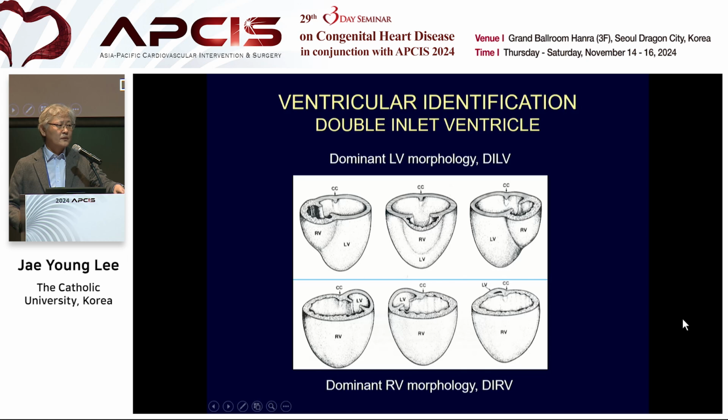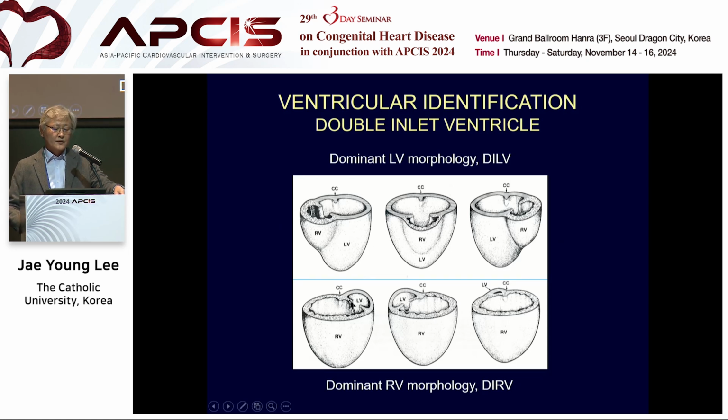In some anatomy, for example double inlet ventricle, it is not easy to identify the internal structure. So from the relative position, we can suspect the ventricular morphology. A small chamber in the anterior part that usually gives rise to the great artery is the morphological right ventricle.